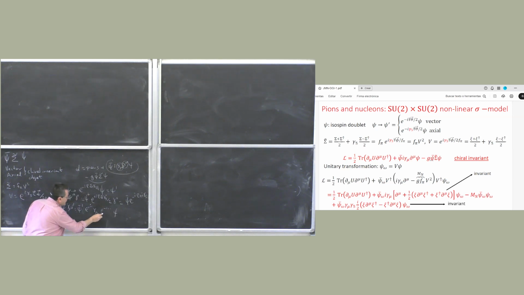But now, if I commute this factor with the gamma mu, it becomes e to the plus, and it cancels, right? So there is no problem. So we have a Lagrangian involving pions and nucleon that is chiral invariant. Okay? Very good.